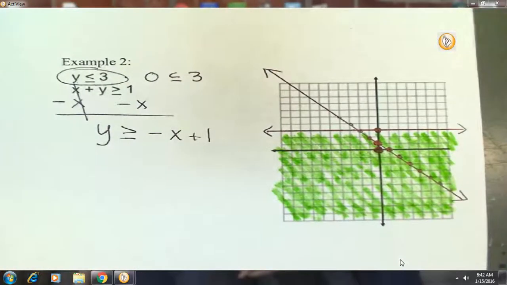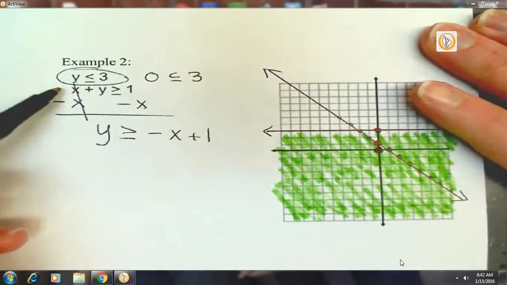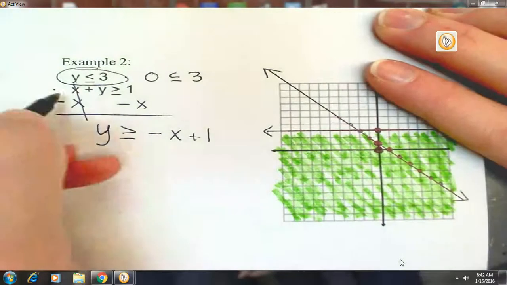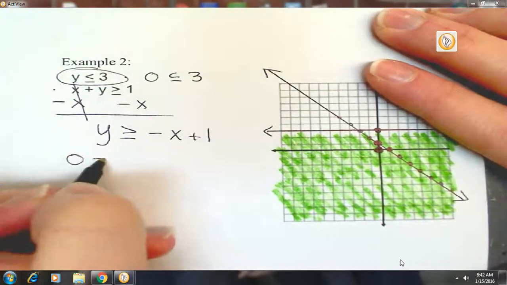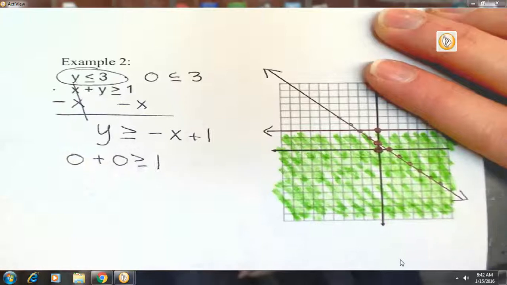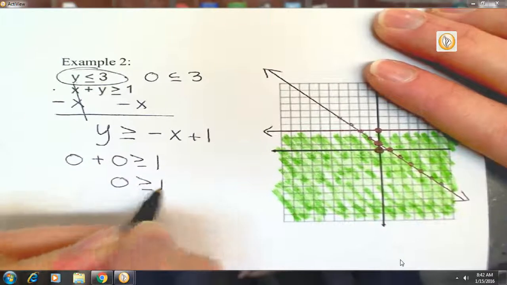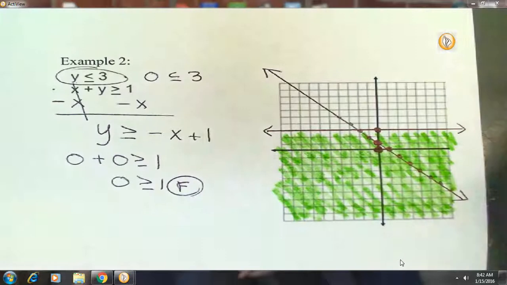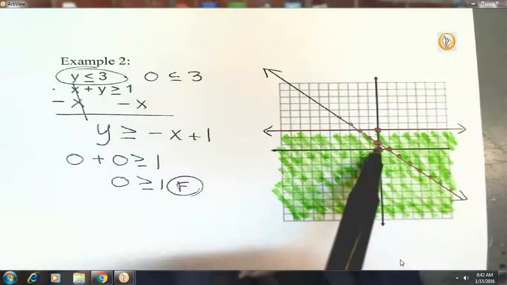Let's test 0, 0. I always recommend putting it into the original problem just in case you forgot to flip your inequality symbol. That won't affect you. Let's put it into the original problem. 0 plus 0 is greater than or equal to 1. Is 0 greater than or equal to 1? That's false. So we don't want to shade the side with 0, 0 this time.